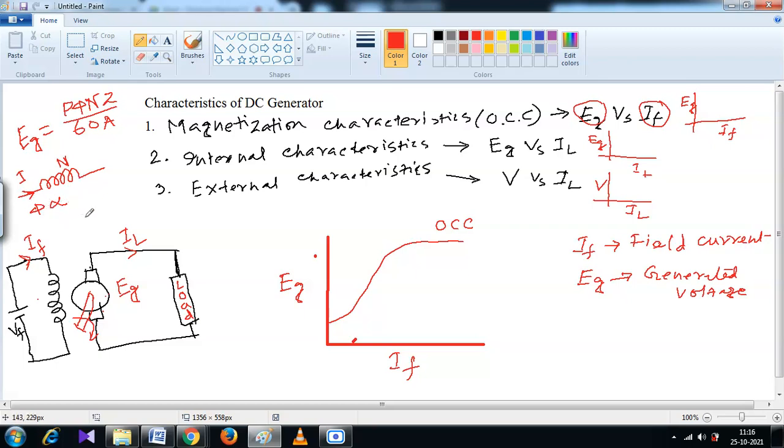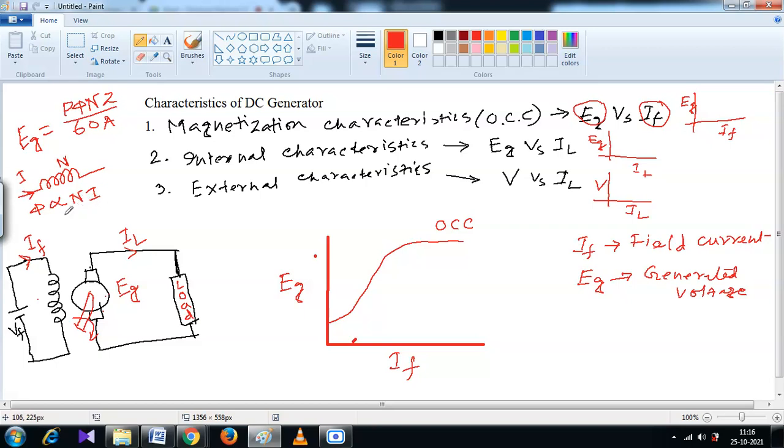Can anyone tell me? The flux is proportional to the number of turns and current. How much flux is produced is proportional to the number of turns and current.